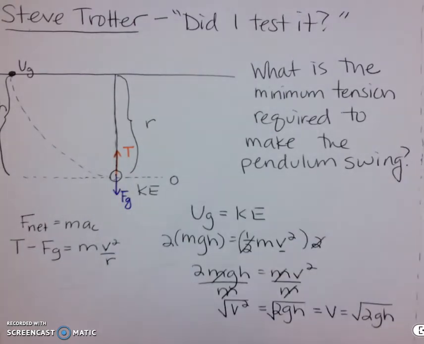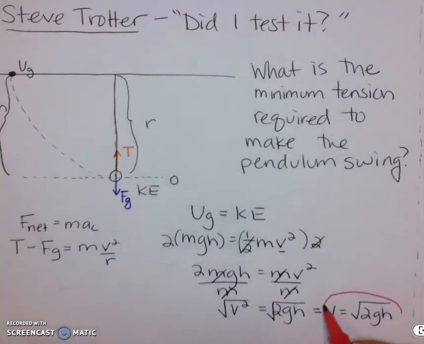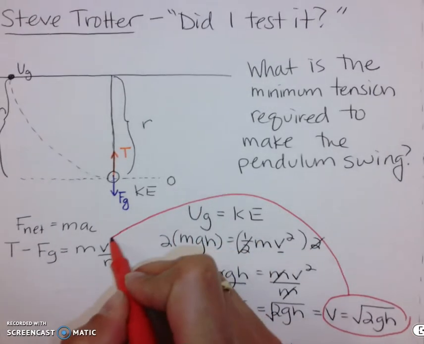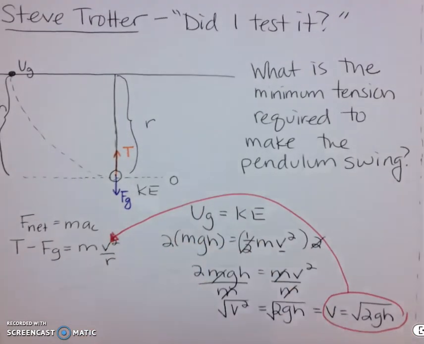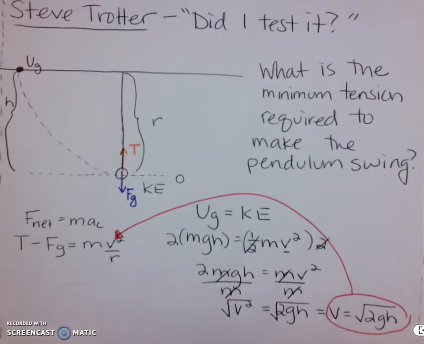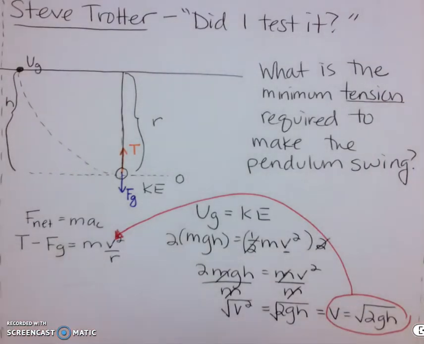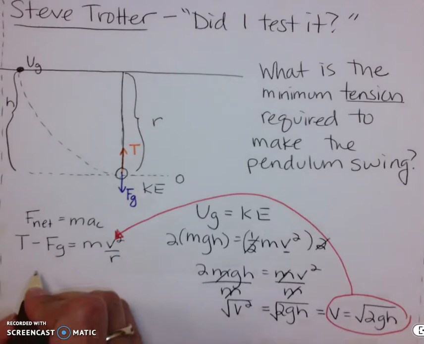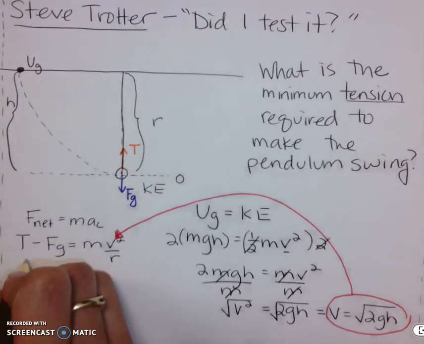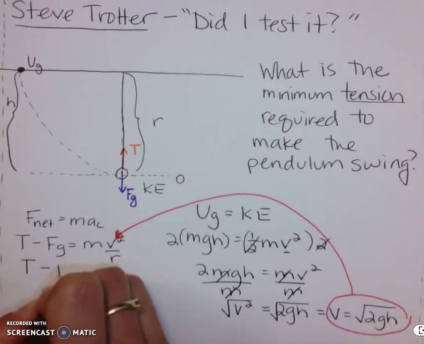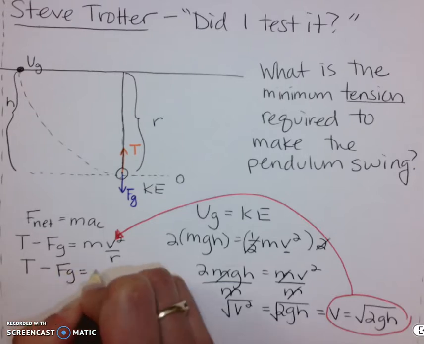And so this v right here, I'm going to take that and plug it in to this v over there. Okay. Remember, I'm trying to solve for tension, so I want to keep this T. So I'm going to have tension minus Fg is equal to m.